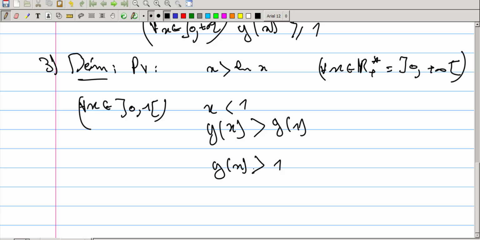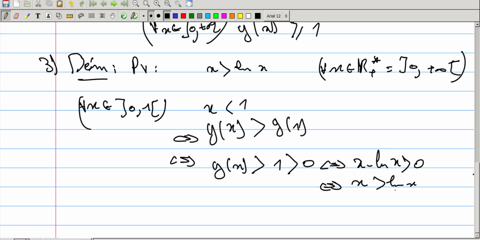If it is greater than 1, that means that it is greater than 0. This is clear. Okay. If it is greater than 0, that means x minus ln x is greater than 0, and that means x is greater than ln x.